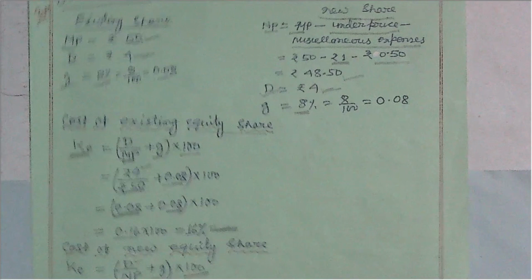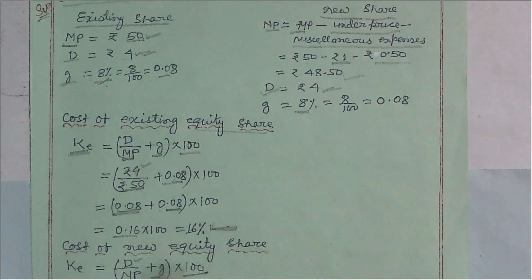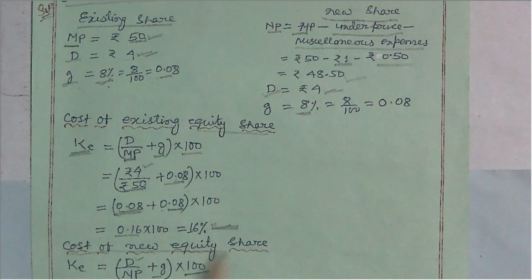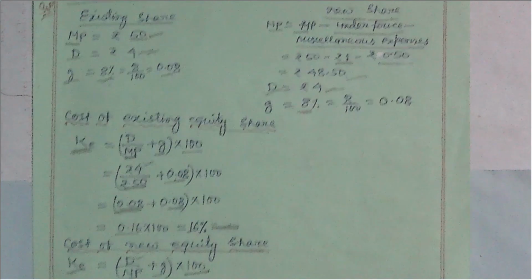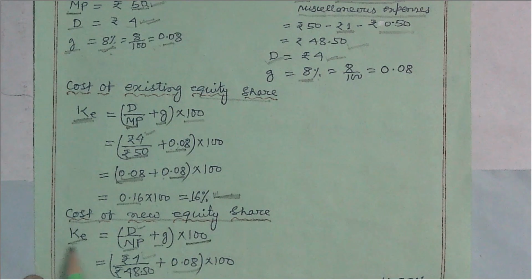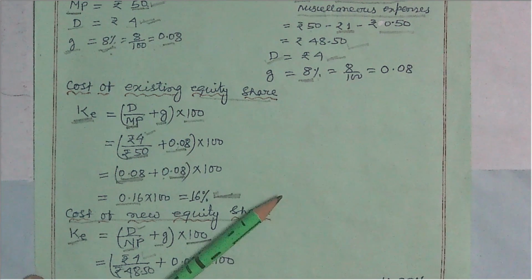Now the same share is to be issued at a new price, that is, the cost of new equity shares. So the cost of new equity shares, K equals D by NP plus g, into 100.